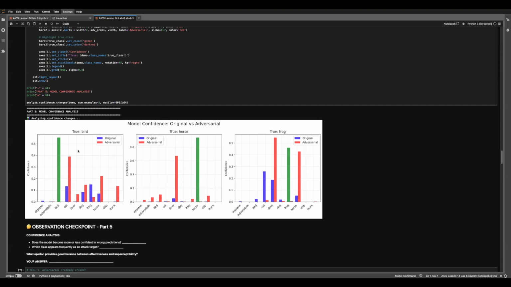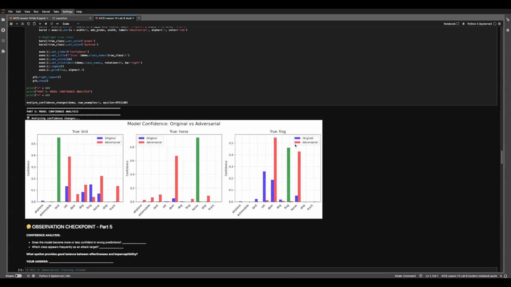Depending on what your confidence is, you may be able to misclassify it as a cat. Same thing with horse and deer, right? We saw that example up there previously where it said, no, that's not a horse, it's a deer. It's close enough, right? It's above that 60%. So it doesn't recognize it as a horse anymore because of the perturbations, and it thinks, well, it's close enough for a deer. And same thing here, right?